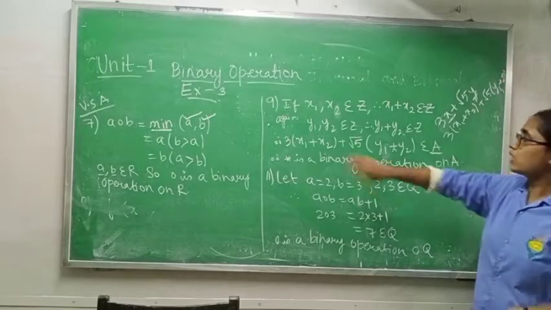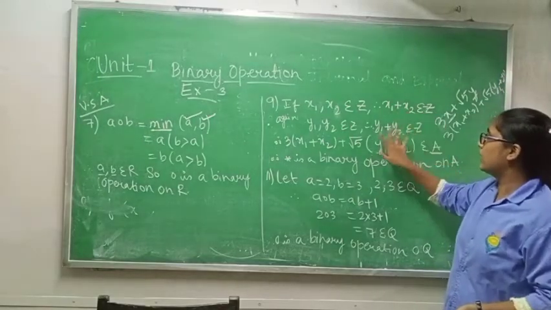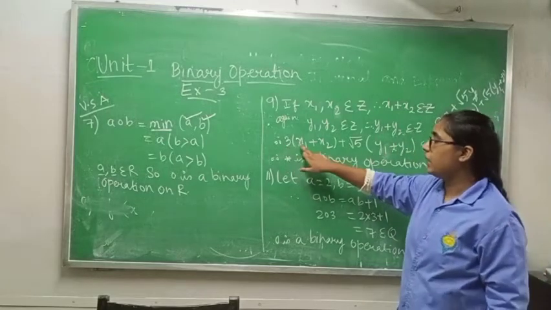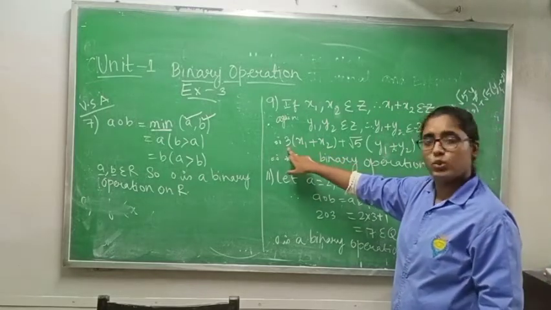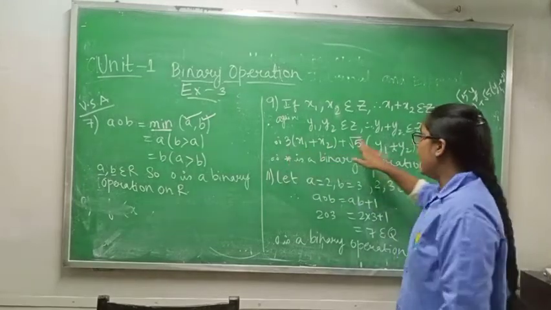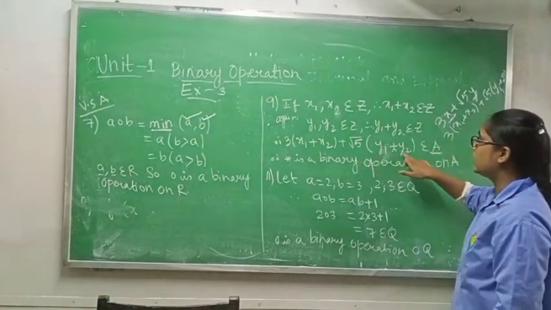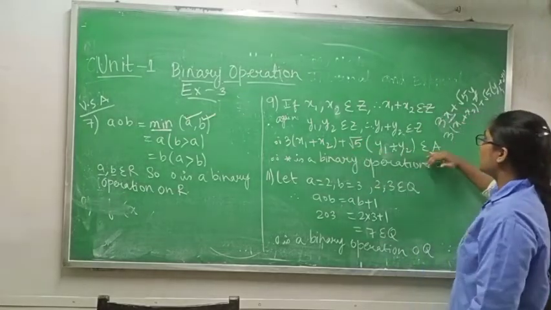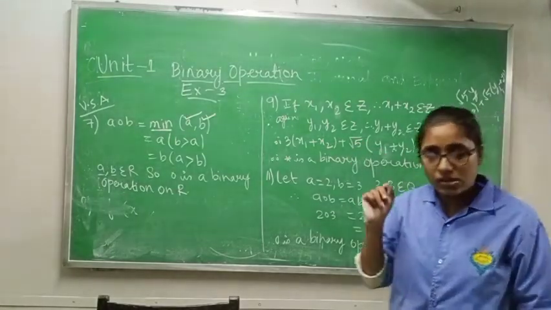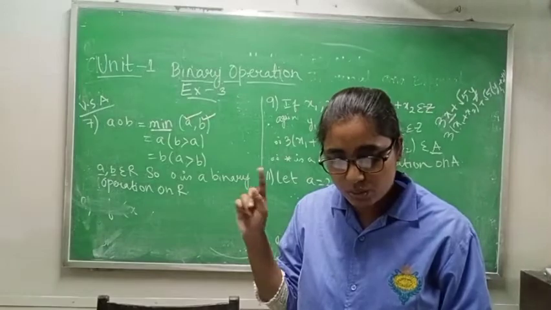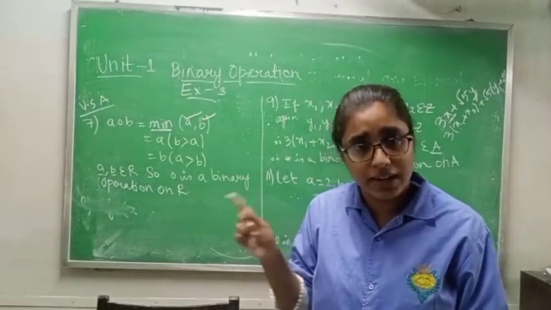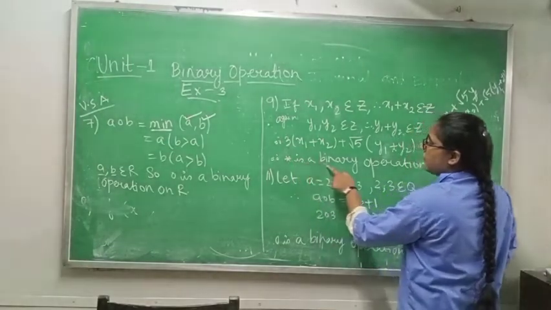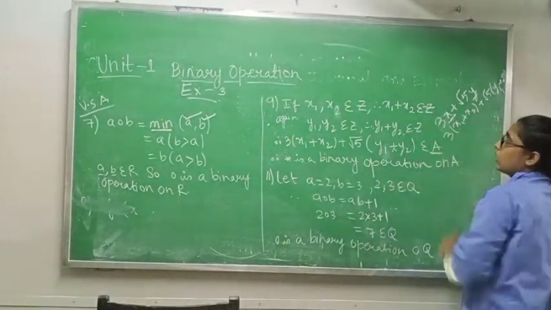If x1 plus x2 belongs to Z and y1 plus y2 belongs to Z, it means that if you multiply x1 plus x2 by 3, you will again get an integer, and if you multiply y1 plus y2 by root 5, again you will get the same form. So this full expression belongs to A. Why? Because in A it is written A equals 3x plus root 5y. Therefore, star is a binary operation on A.